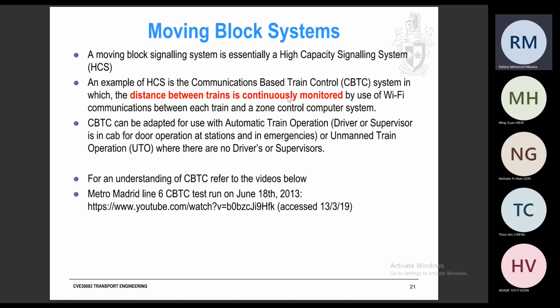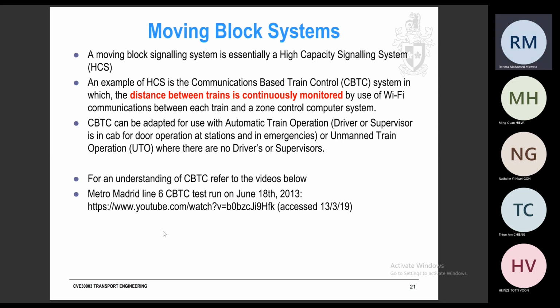Okay, moving on. So a moving block signaling system is essentially a high capacity signaling system because it's a moving block, so it will know the distance between trains continuously.